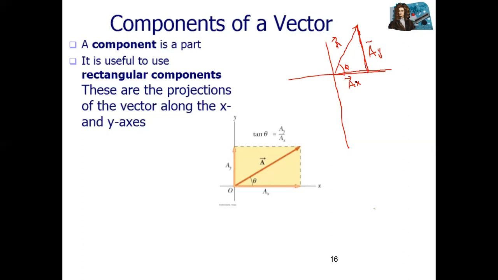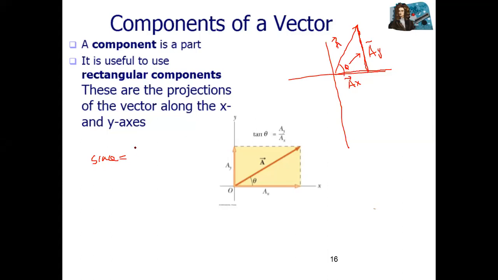Using trigonometric functions. How can you use trigonometric functions? Let's suppose you find sine theta. What is sine theta from the given triangle? Ay divided by A. Opposite side divided by hypotenuse.